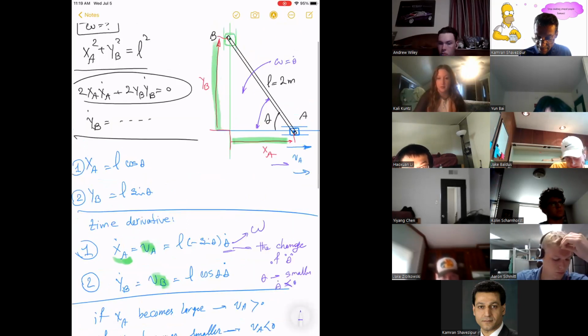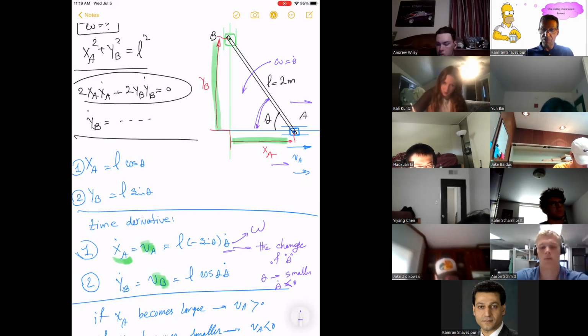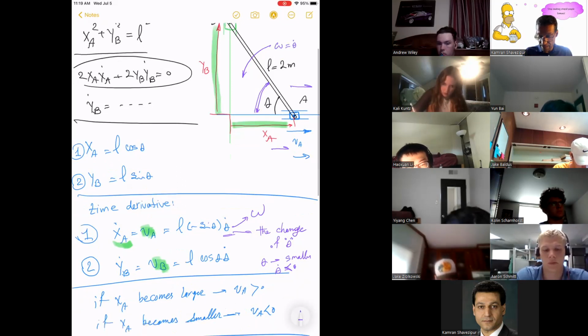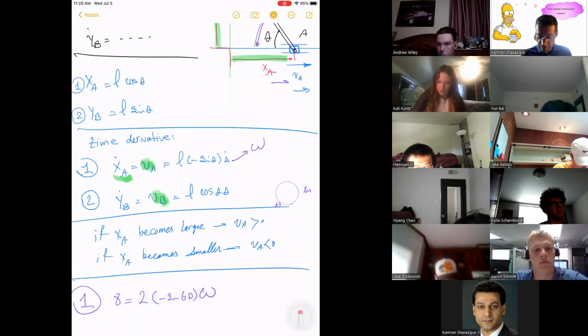And you see here, as A goes to the right-hand side, theta becomes smaller, so we expect a negative omega. Although if you use the right-hand rule, it goes to the positive k, but this is not vector analysis. We don't care about ijk. That's what we call absolute analysis, okay?